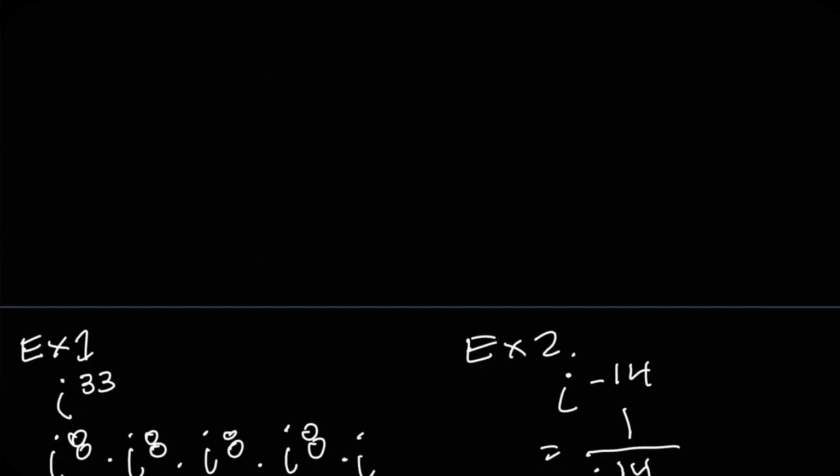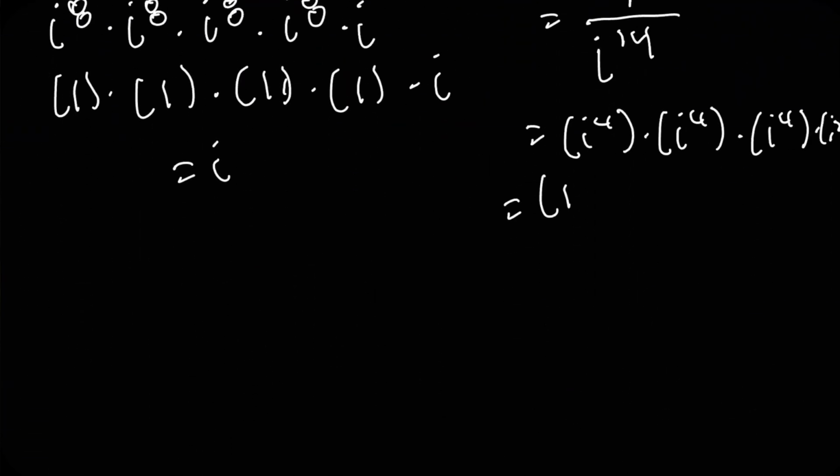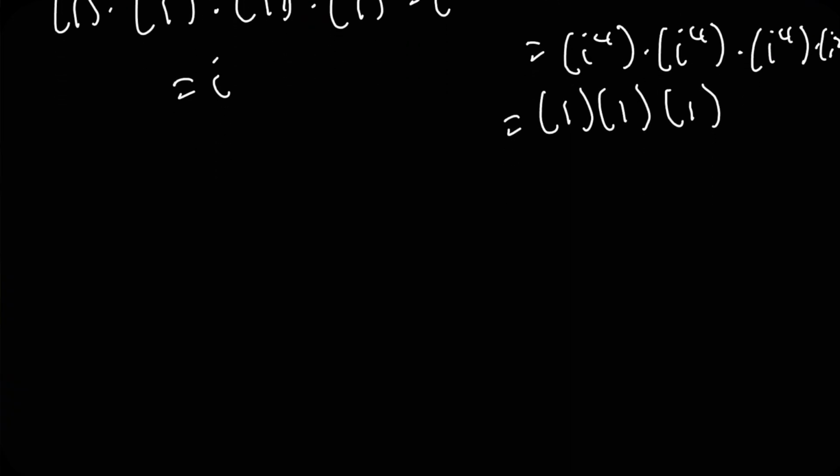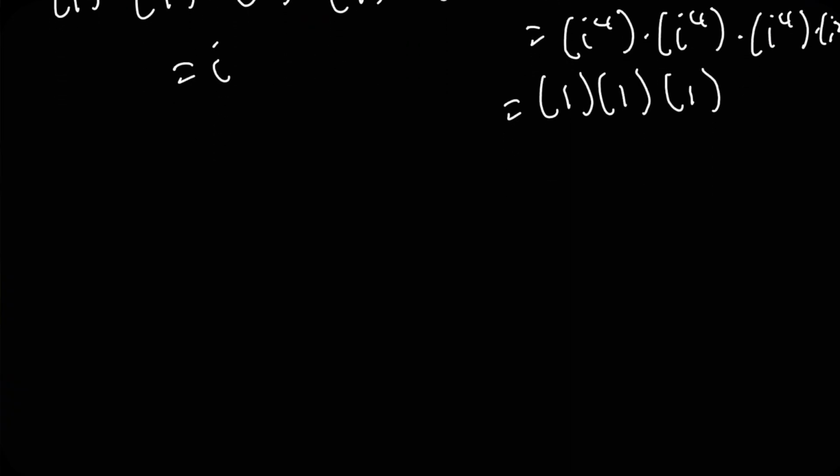That was 1. So we'll have 1 times 1 times 1, and then i squared, if you remember, that was negative 1. So simplifying this is just going to be equal to 1 divided by negative 1, or negative 1.